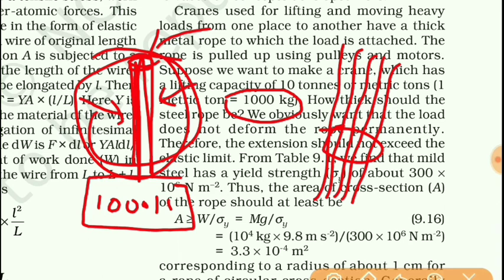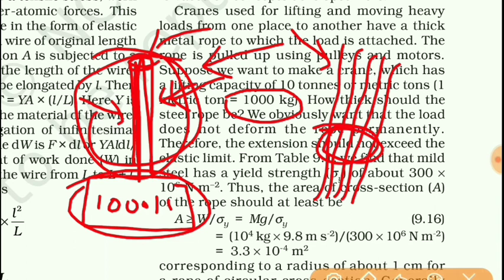And we know that the wire which is used to lift the load should easily bend, it should be flexible. So rather than using one thick wire, many thin wires were braided together to make a single rope, and that type of rope is used to lift the load.